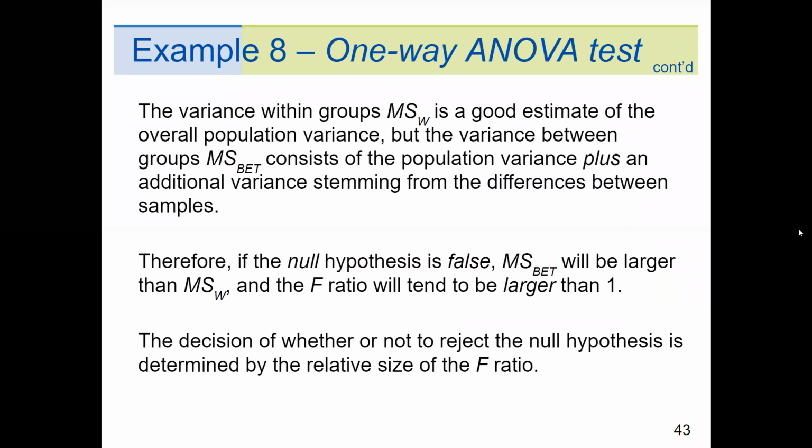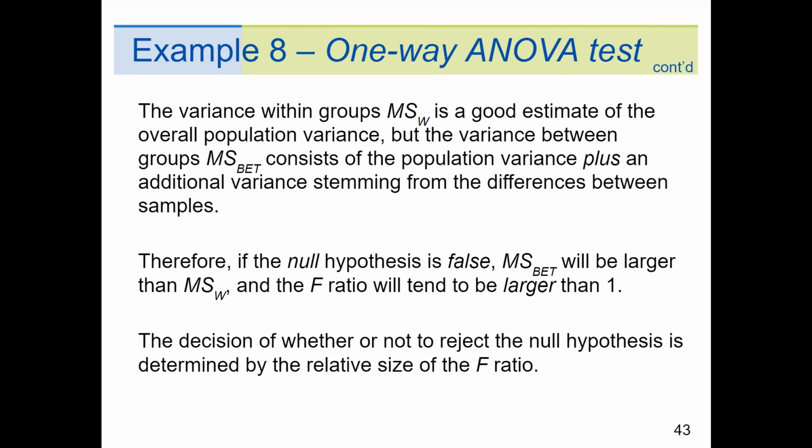The variance within groups is a good estimate of the overall population variance, but the variance between groups consists of population variance plus an additional variance stemming from the differences between samples. Therefore, if the null hypothesis is false, then the variance between will be larger than the variance within, and the F ratio will tend to be larger than 1.